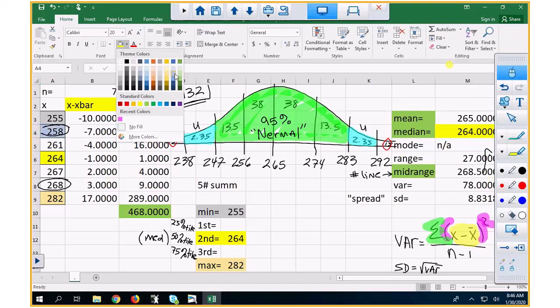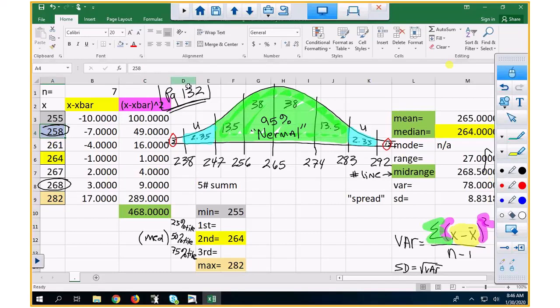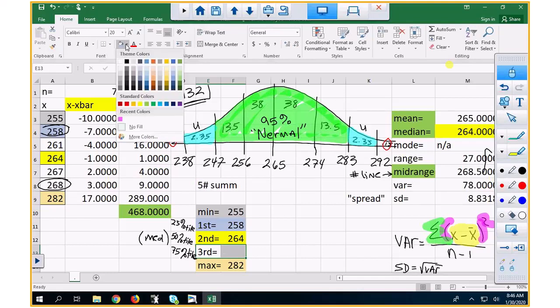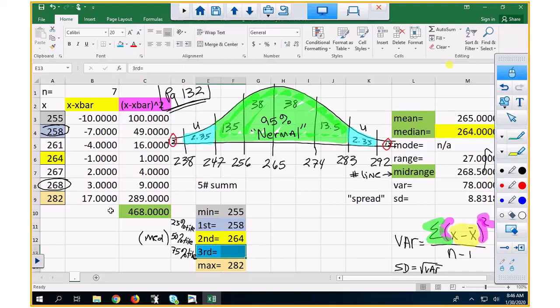Dang old blue. Now that's equal to that number right there. And then I'll color this one, that aqua blue.